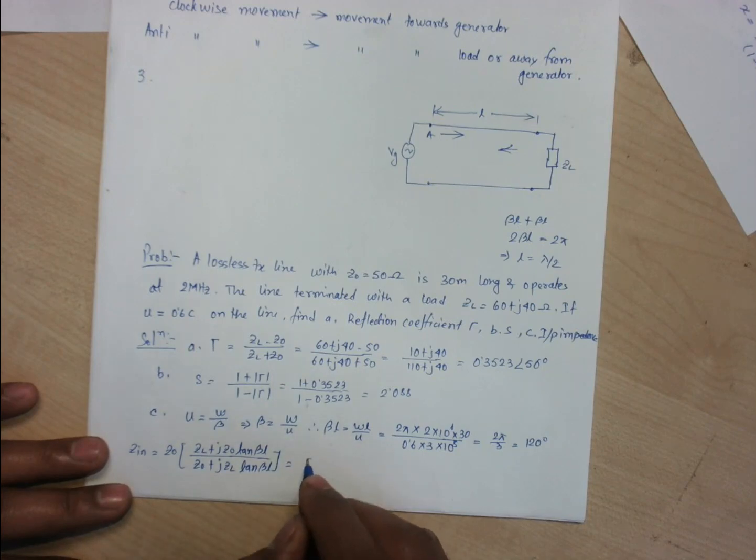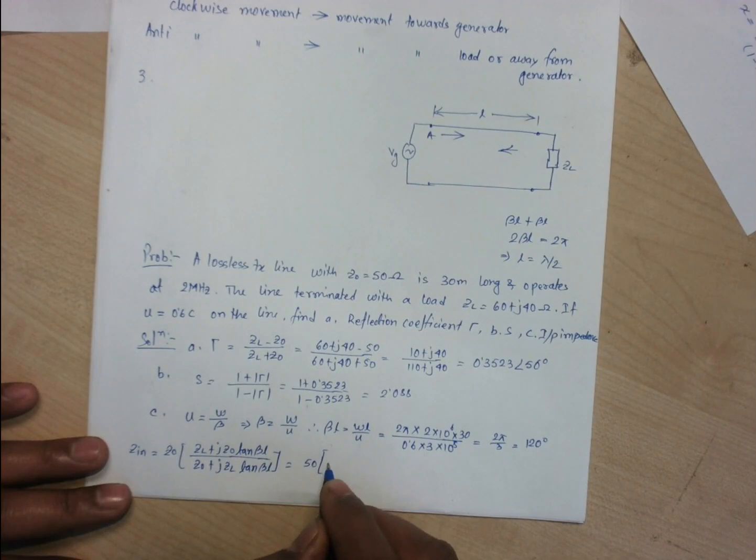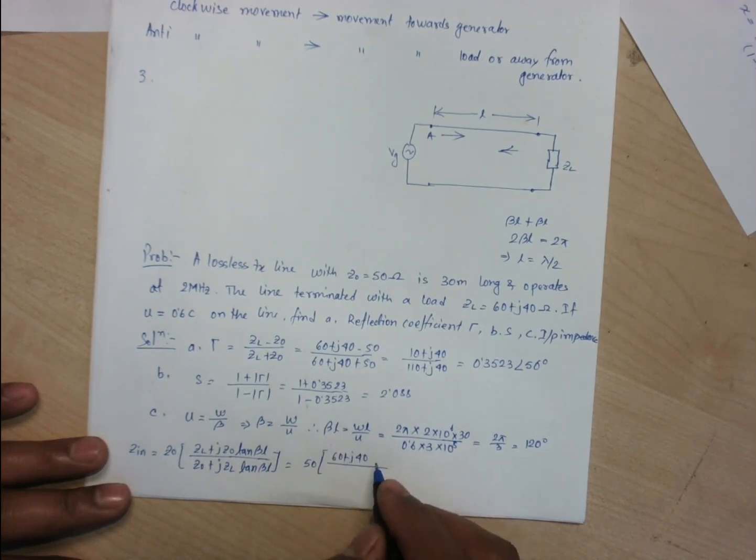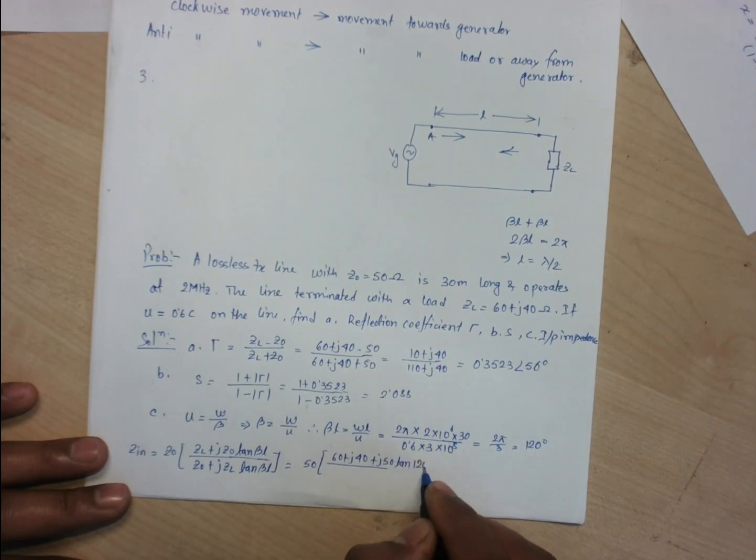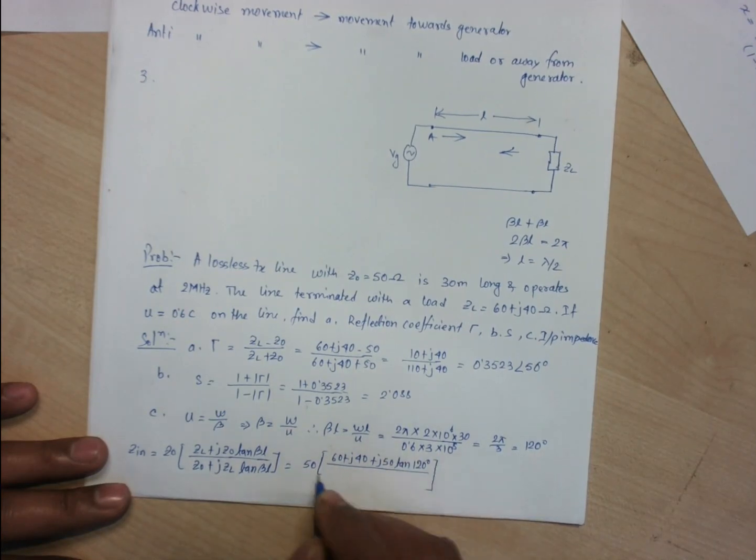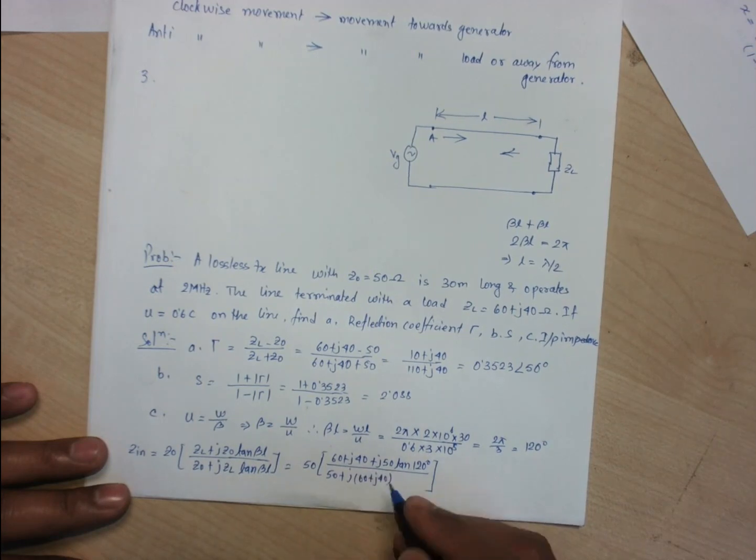So Z0 is 50, ZL is 60 plus J40, plus Z0 is 50, so J 50 tan 120 degree, over Z0 50 plus J ZL, 60 plus J40, tan 120 degree, right?